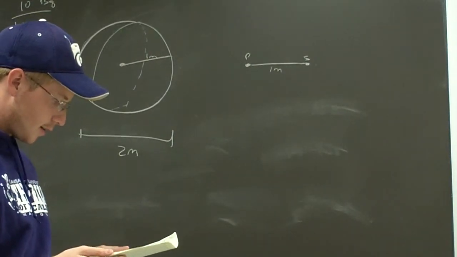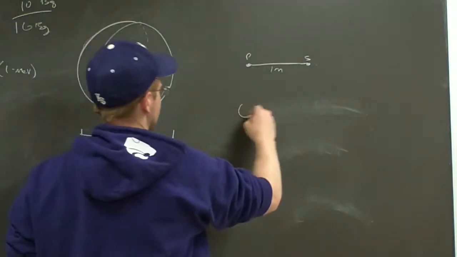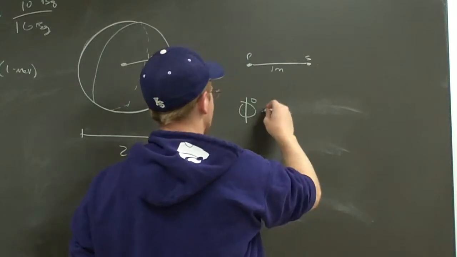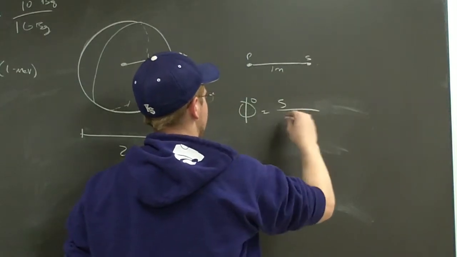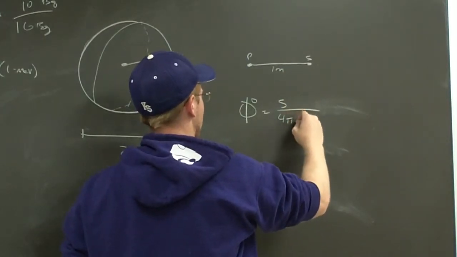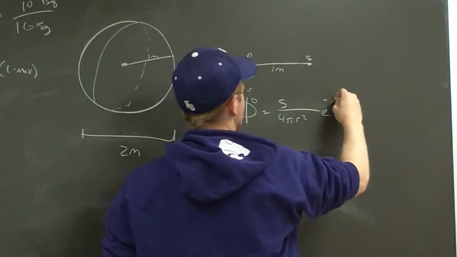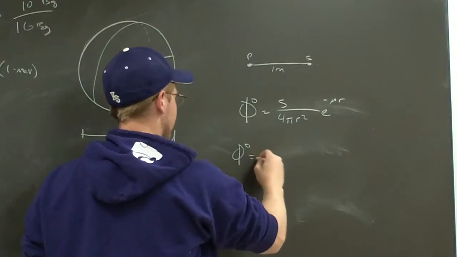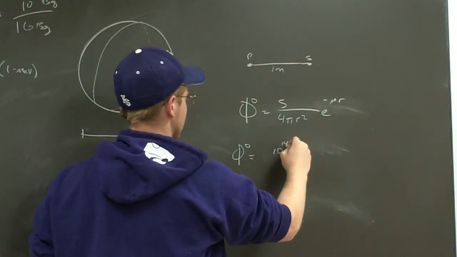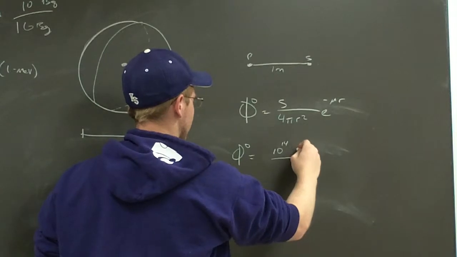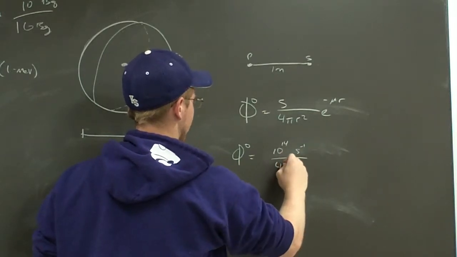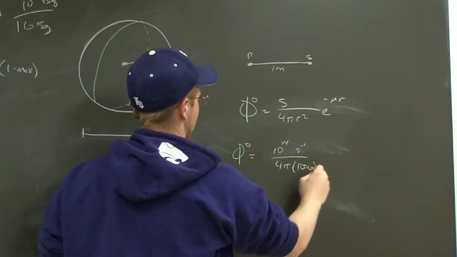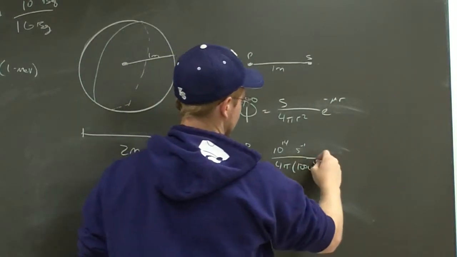So we want to find the uncollided flux. This is pretty simple. We're just going to have our source strength over geometric attenuation, 4 pi r squared, times e to the minus mu r. So S is 10 to the 14 per second, over 4 pi, 100 centimeters squared. We always use centimeters for everything.